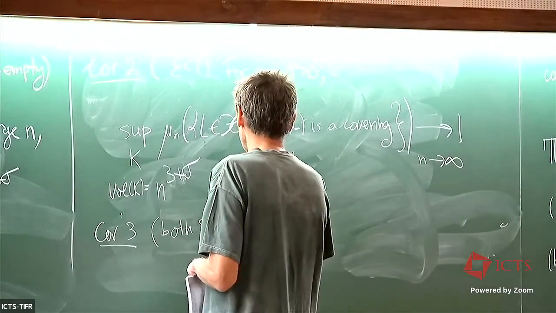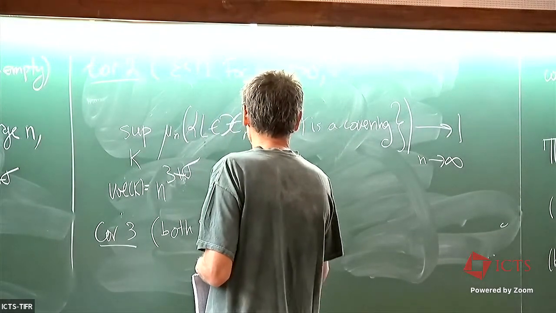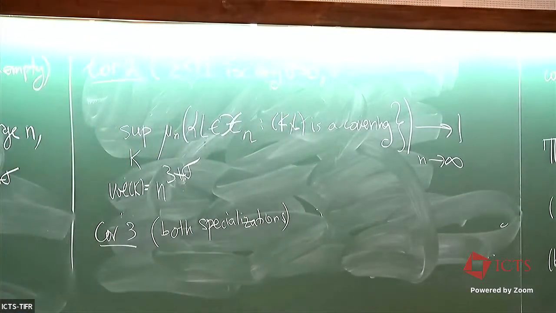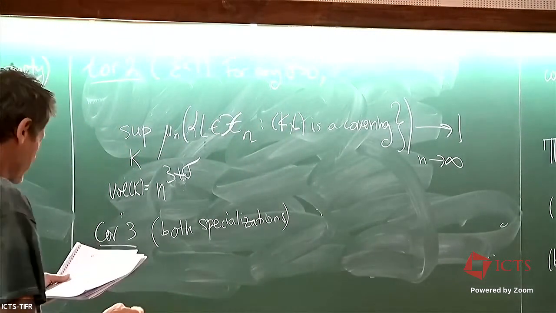And so a corollary 3, a further specialization. So in other words, I take epsilon less than 1, and I just remember that sets of positive measure are non-empty.